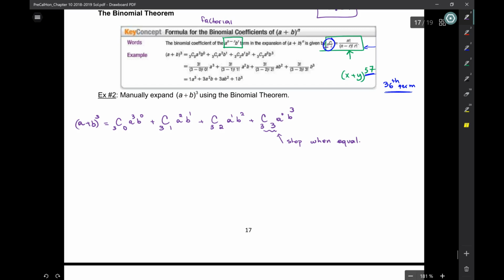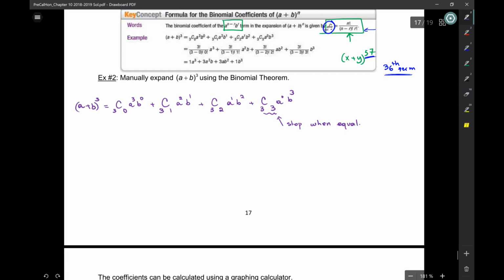All right, so now let's go ahead and expand this. So each one of these means, n, so look at what it says here, n factorial. You take the first one factorial over the difference factorial, the second one factorial, a cubed b to the 0. Now let's do it again.